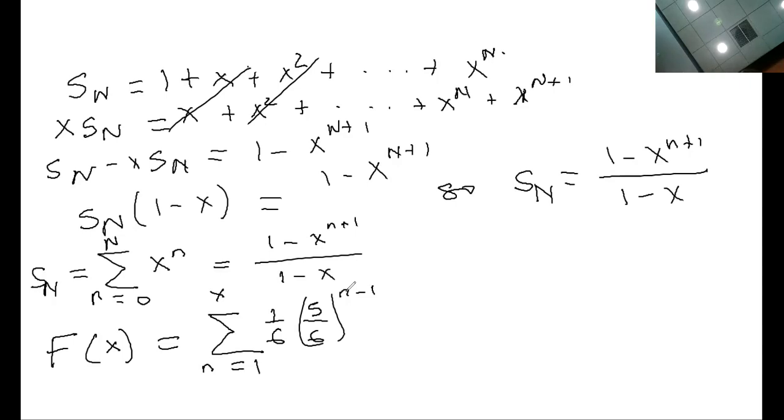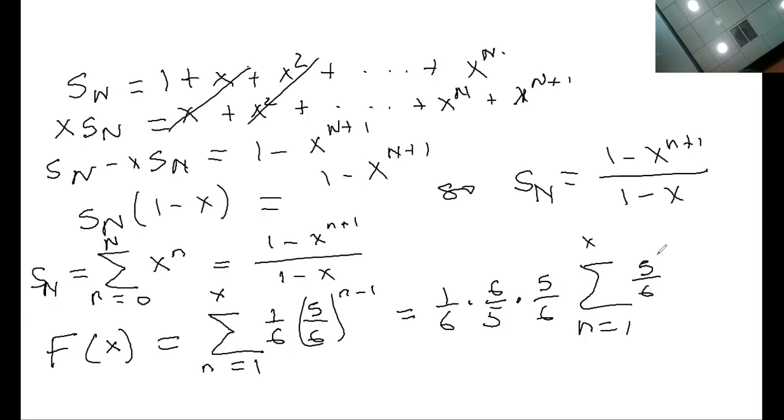So I'm going to replace this to be 1/6 times 6/5 times 5/6, sum of n equals 1 to x, 5/6 to the n minus 1. Can you see that we have the same thing? I just adjusted it a little bit.